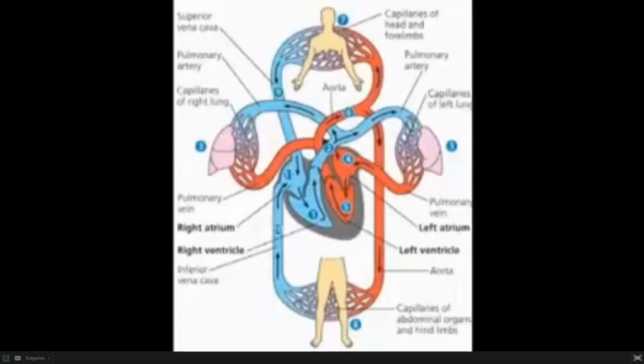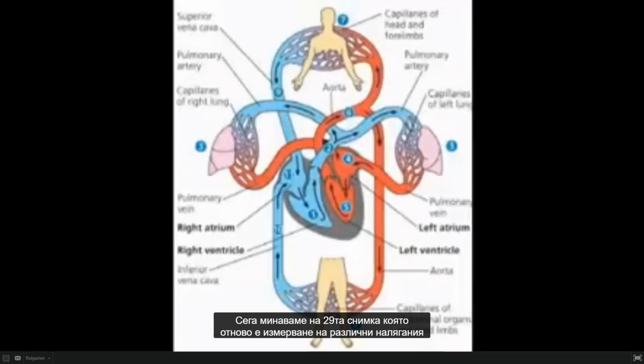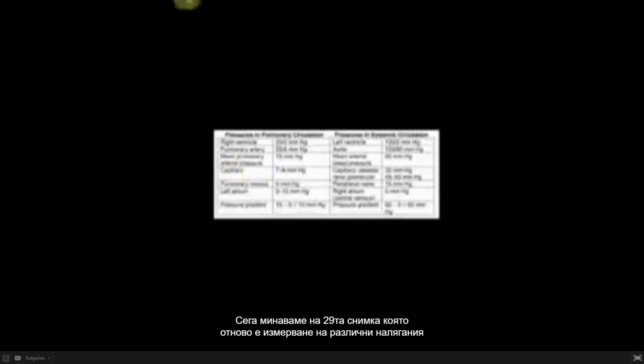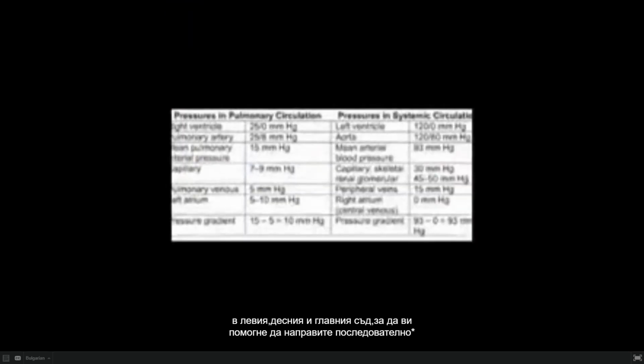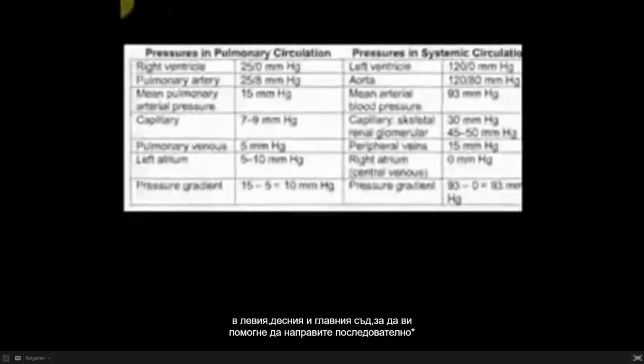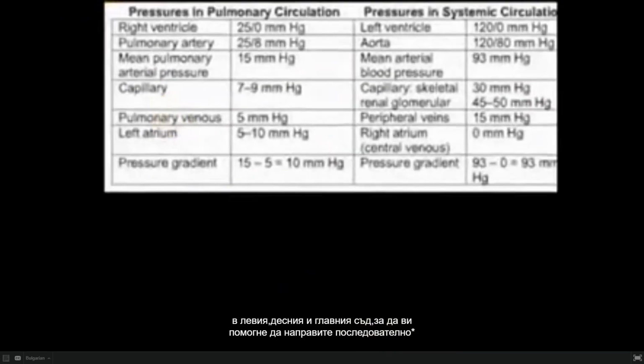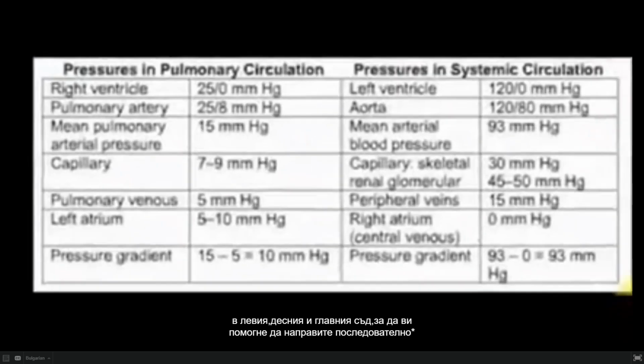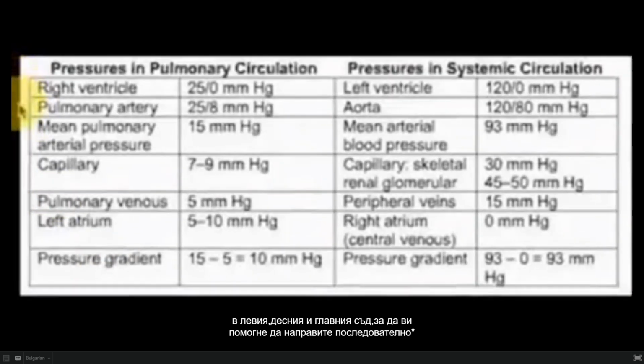Okay, and then the 29th, it's again a measurement of different pressures inside the left, right, and main vessels, just to have, and if it's helping you to make your consequence in your reactors.